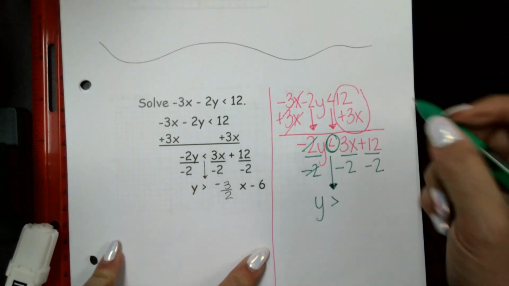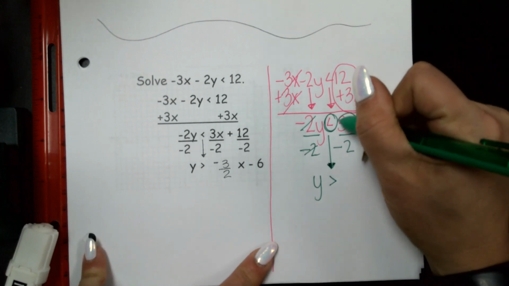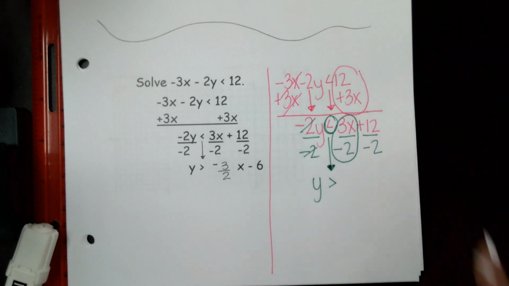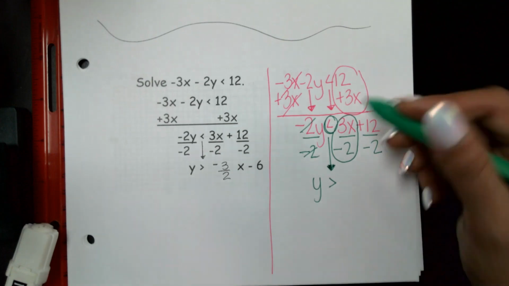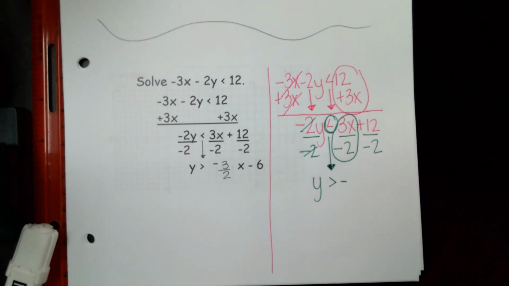Okay, so cross those out. Y is now by itself. We already flipped around the less than to greater than. The first two numbers make up your slope. It has to be left as a fraction. Now you have one positive and one negative. Wouldn't the whole thing just stay negative? We never write negatives on the bottom, ever. So if you see a positive over a negative, I always just move that negative sign up top.